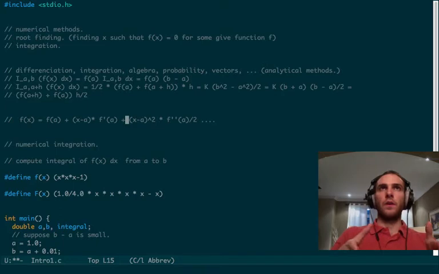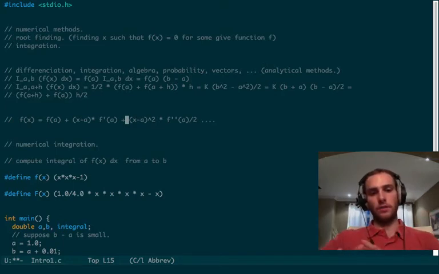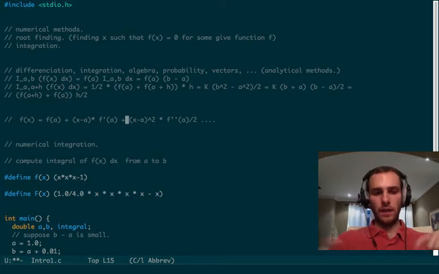So the error in your calculation, the terms you're not accounting for, goes to 0 pretty fast when you make this x minus a go to 0.